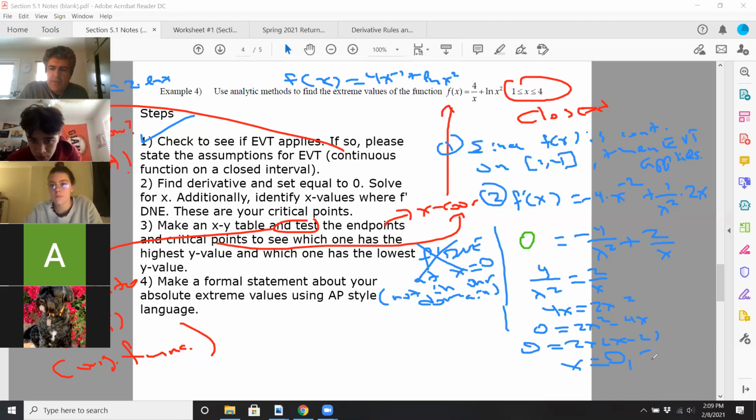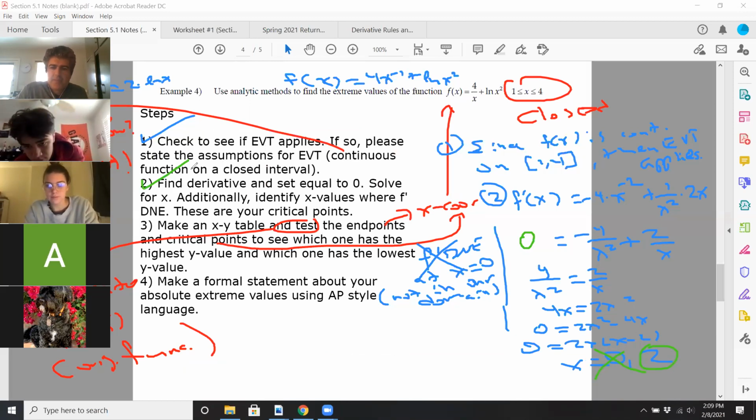Again, we're going to ignore 0, but keep 2. So now we have my critical point. So check that off. Okay, that's where you're really going to spend most of your time, just so you know.